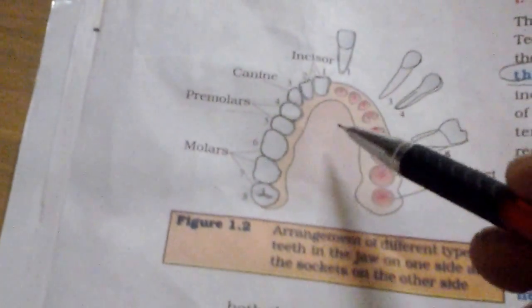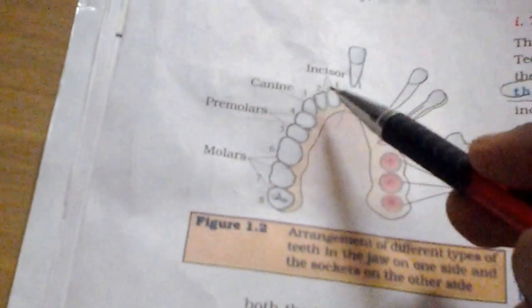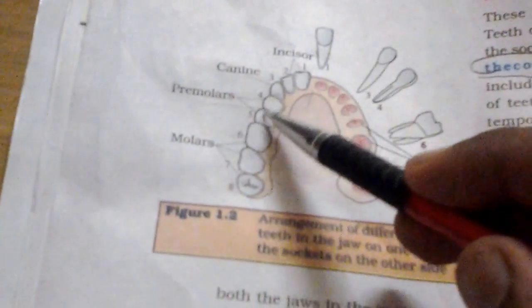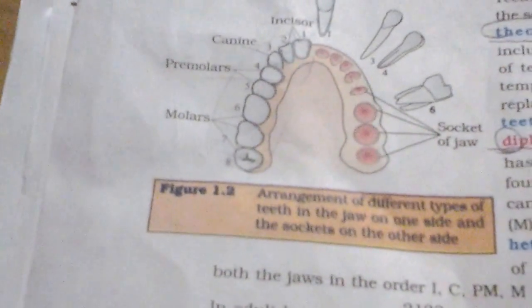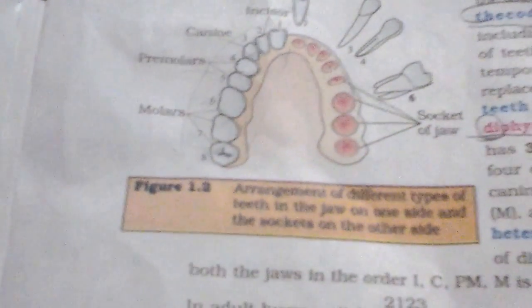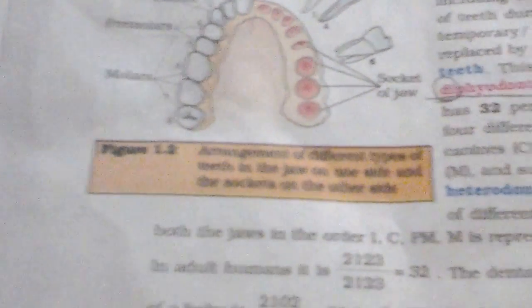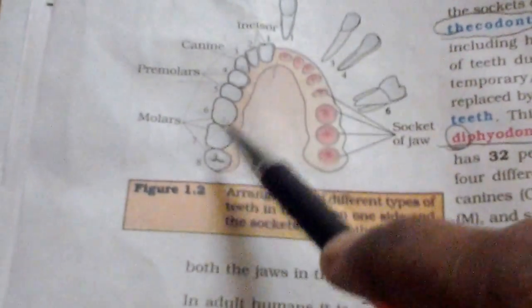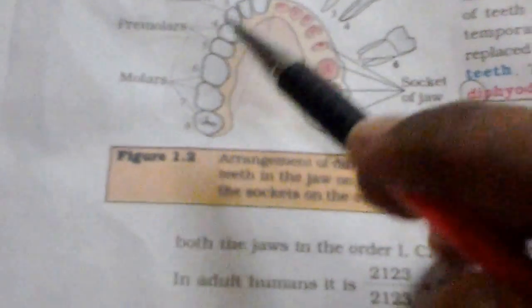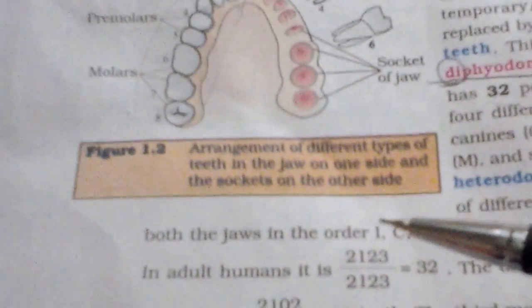The different kinds of teeth are mentioned over here. These two are the incisors, and this is the canine. Incisors help in cutting the food, canines help in tearing the food, and premolars and molars help in grinding the food. This arrangement of teeth in your mouth is in a repetitive order. You see that this arrangement is repeated over here, and the same in the upper and lower regions of your mouth.